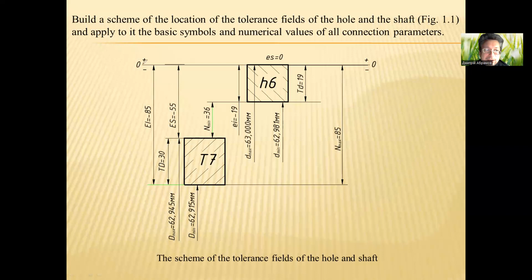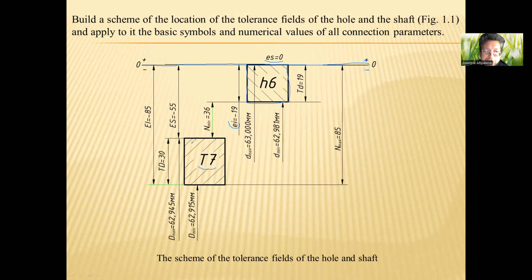So we have the zero line; above the zero line we have plus, under the zero line we have minus. Tolerance field of the shaft, H6. Upper limit deviation of the shaft is equal to 0. Lower limit deviation is equal to minus 19 micrometers. Tolerance field of the hole, T7.